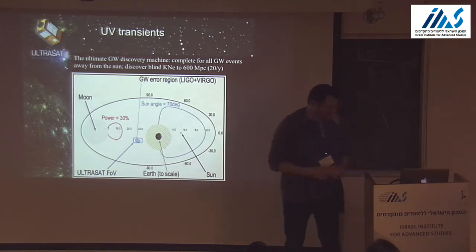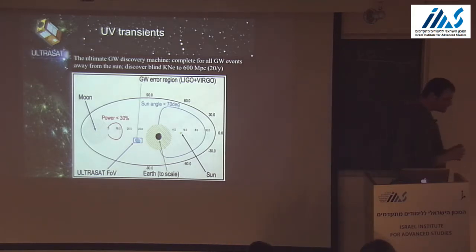But the interesting thing, the field of view is so large that based on the rate from this LIGO event, which of course has a large uncertainty because it's Poisson statistics on 1, but based on this rate, Ultrasat will be able to blindly find kilonovae at the rate of 20 per year, even those that are outside of the sensitivity range of LIGO and Virgo. So let's say a kilonova goes off in a galaxy 500 megaparsec away, LIGO will not see it, we will be seeing it as the optical or UV counterpart.